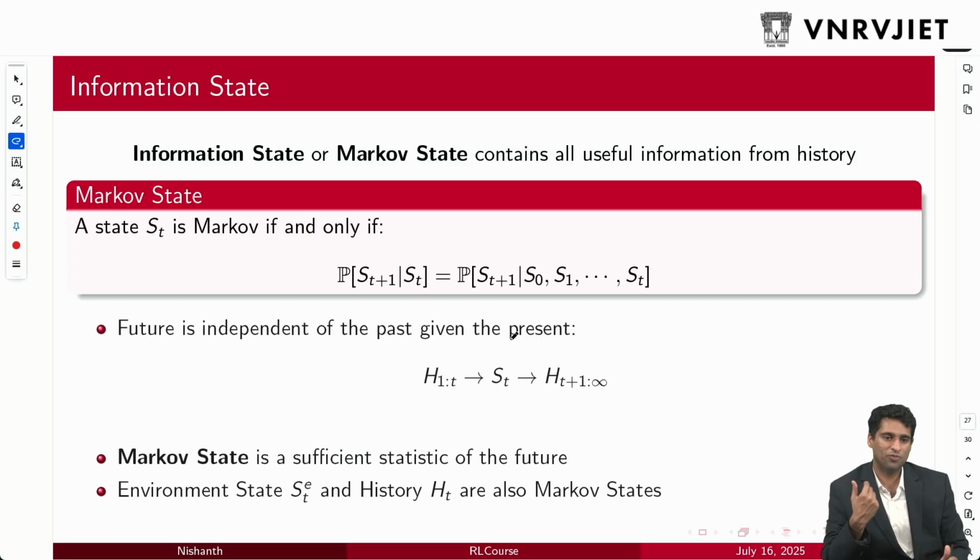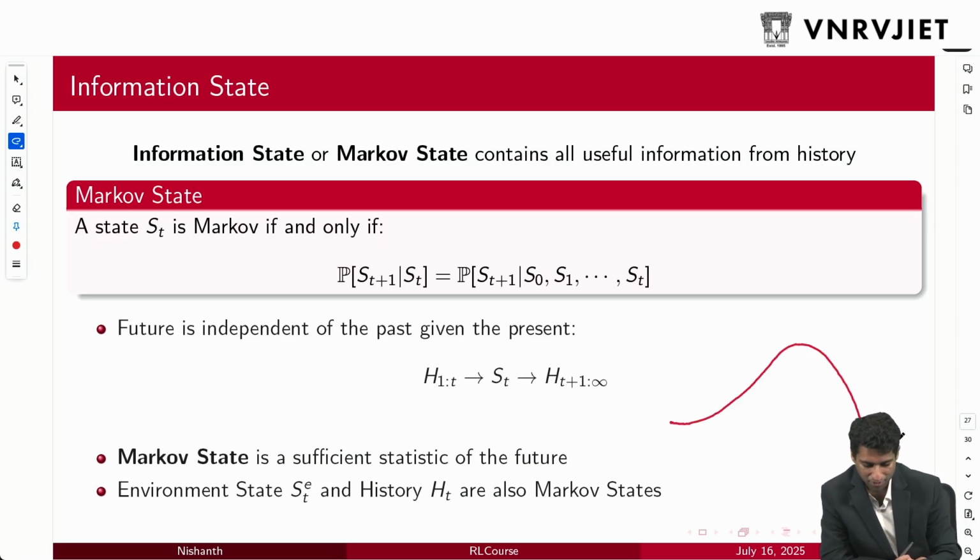So what we can say is that we can consider the Markov state as a sufficient statistic of the future. What we mean by a sufficient statistic is, if we think about a Gaussian distribution, it can have a profile like this, right?